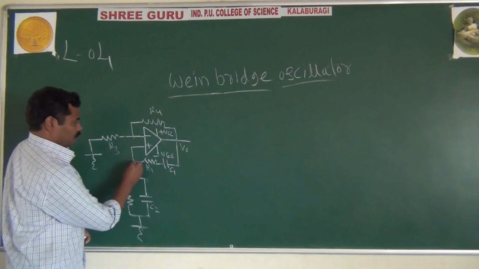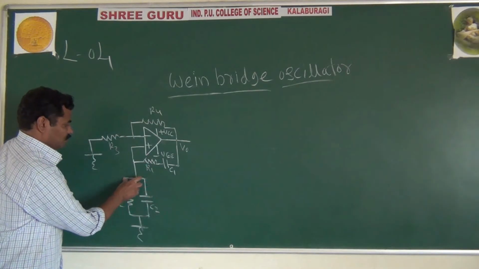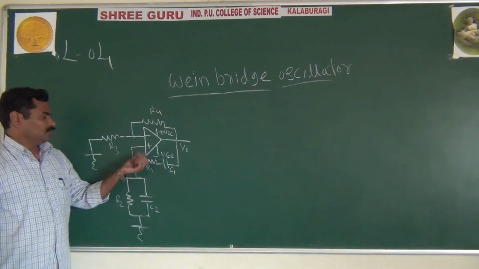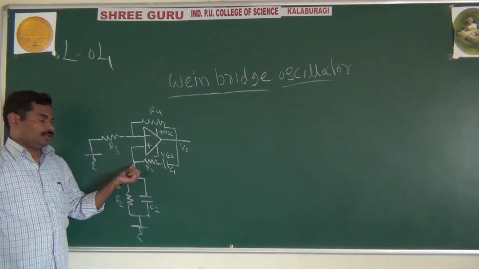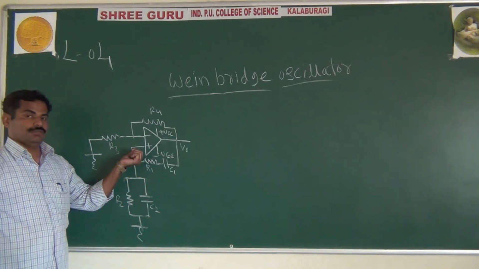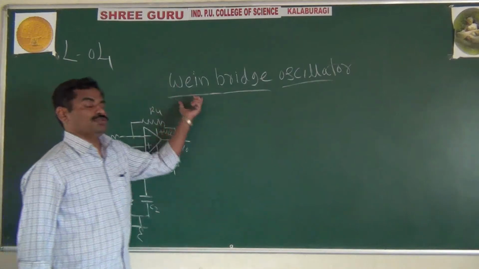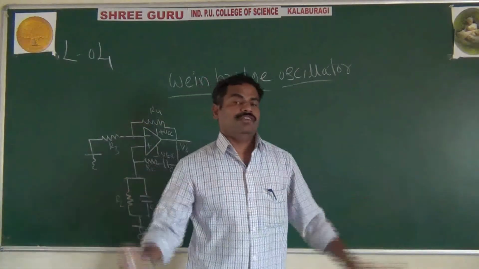Here you are considering the non-inverting amplifier. You are applying the feedback to the non-inverting terminal. Why are you using the non-inverting terminal? Because in the Wien bridge oscillator you are not getting any phase shift.